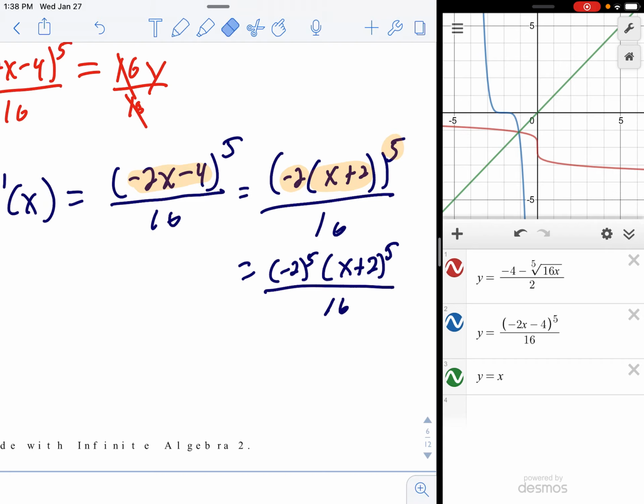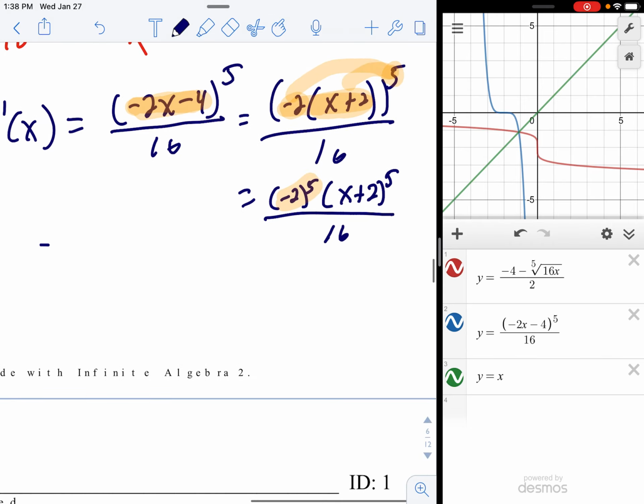So what's in these parentheses got factored, and then you apply that power to both factors. Negative 2 to the 5th power: negative 2 times negative 2 times negative 2 times negative 2 times negative 2, 2, 4, 8, 16, 32. That works out to equal negative 32 (x plus 2) to the 5th over 16.